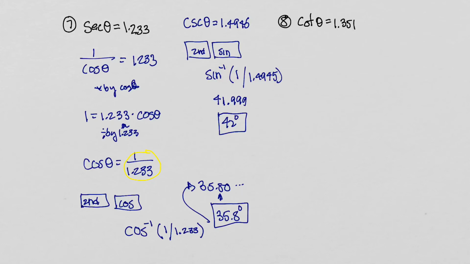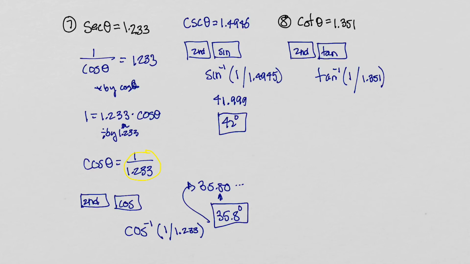Let's try another one here. So we've got the cotangent of some angle is 1.351, but we don't have cotangent. So what we can do is we know that cotangent is related to tangent. So press that second key, and then press the tangent key because that's what's related to it, and we will get the inverse tangent, parentheses, and now type 1 divided by 1.351.